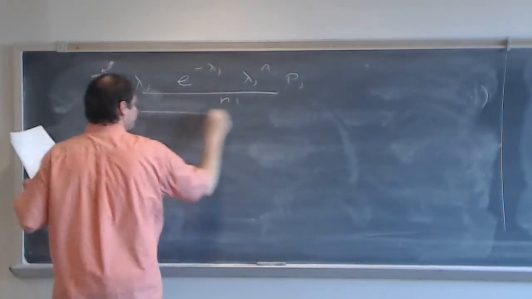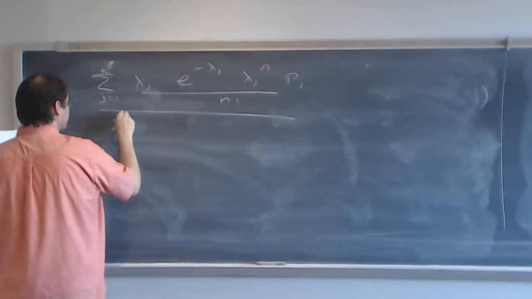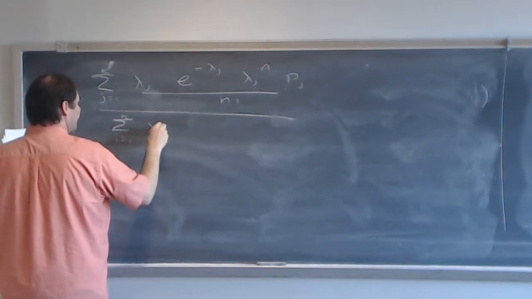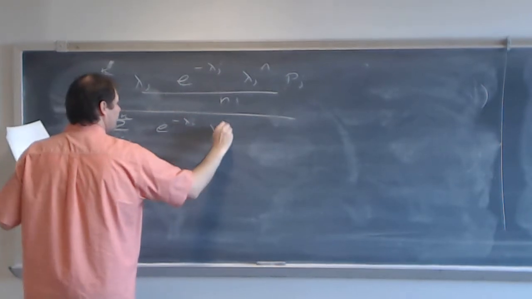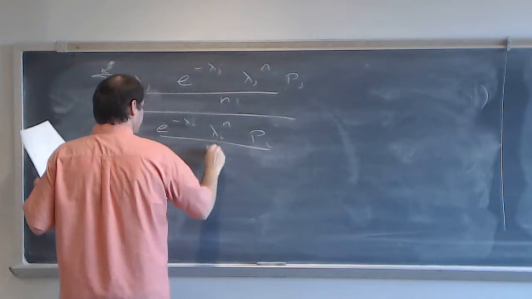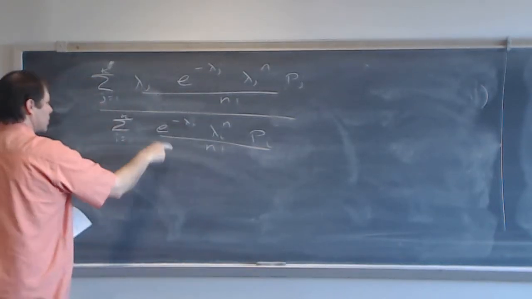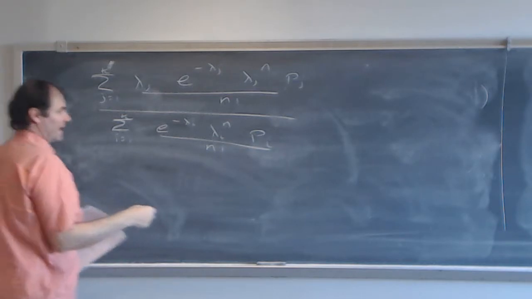And here we have that's over this sum, as I runs from 1 to k, it's e to the minus lambda sub I to the n, p sub I, all over n factorial. The n factorials are constant in both sums, so we pulled out 1 over n factorial here, 1 over n factorial here. They will cancel.